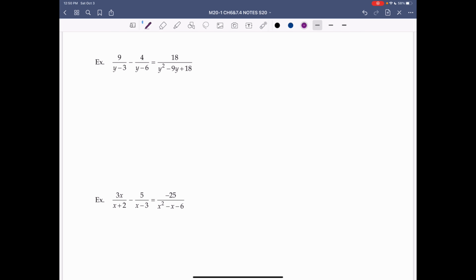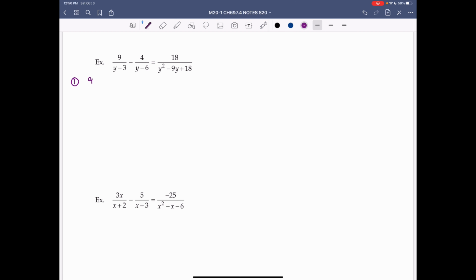Nine over y minus 3 minus 4 over y minus 6 equals 18 over y squared minus 9y plus 18. Step 1, can we do any factoring? Yes, we can factor our third denominator.